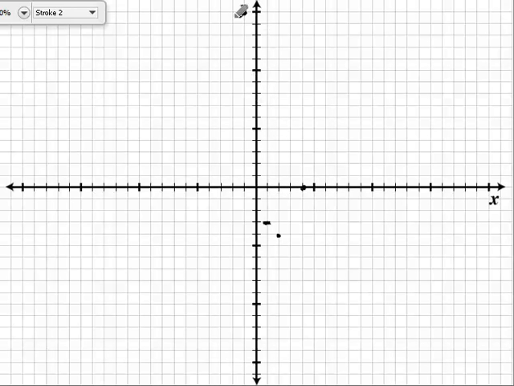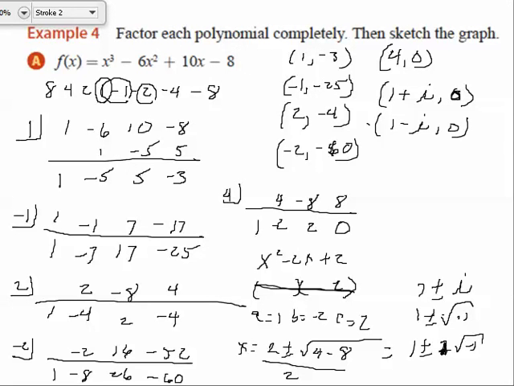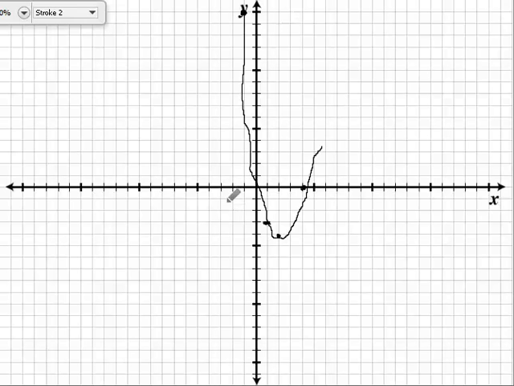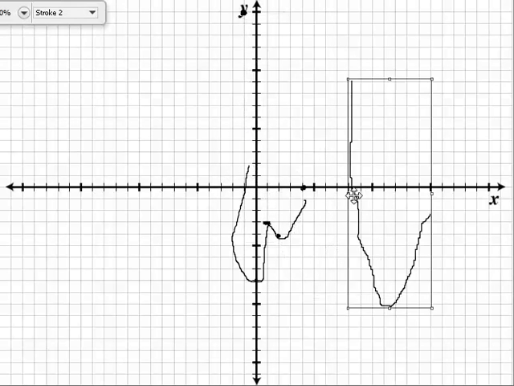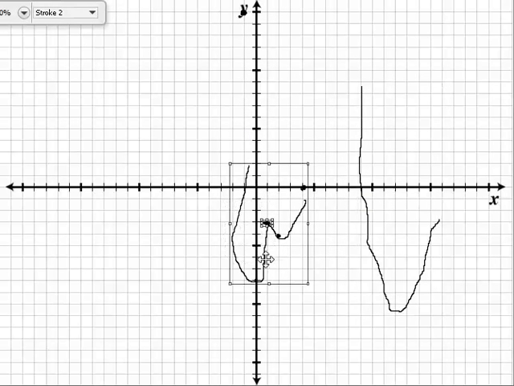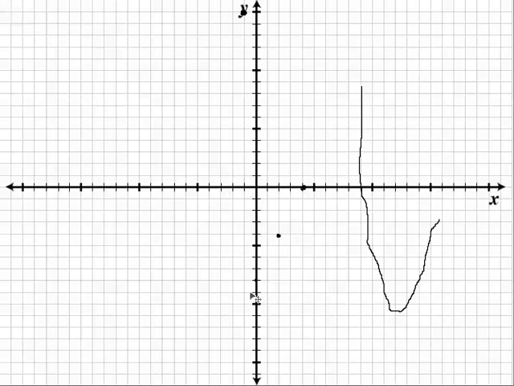So I think we're looking at something like that, right? When we know it crosses at -8, that's way down here. So it has to do something like this. I know, ugly. Try that again.